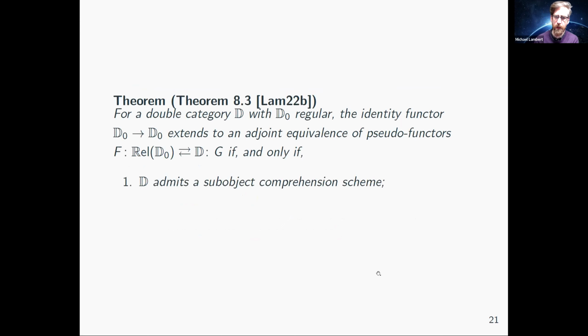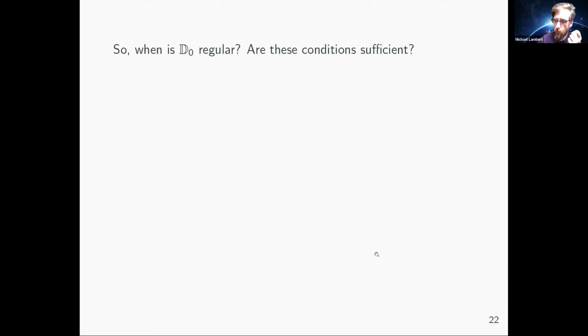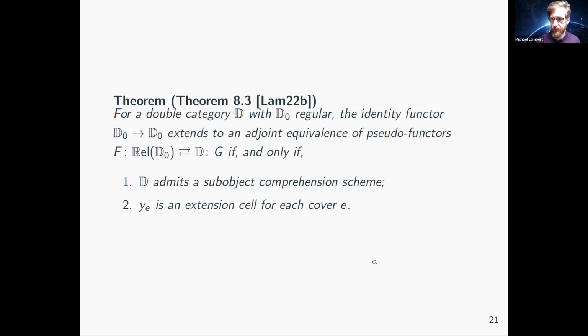The identity functor is an adjoint equivalence, a strong adjoint equivalence, if and only if you've got a subobject comprehension scheme and this other sort of nagging property, that every identity cell is an extension for each cover E. And that's the next condition that we'd really like to eliminate if possible. So let's try to do two things at once: when is D0 regular, and can we eliminate this last condition?